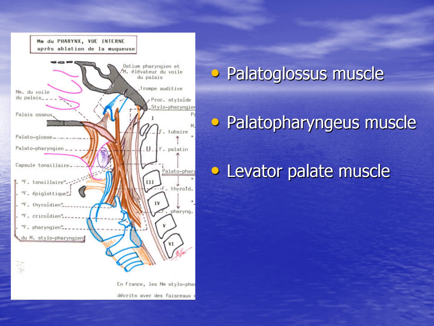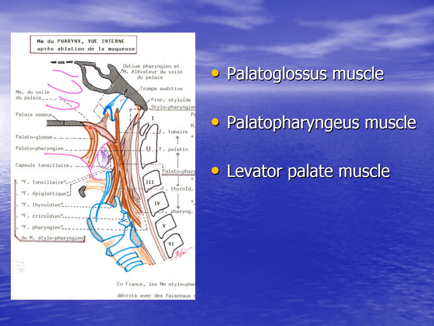This is a revision for what we have seen. This is the hard palate. This is the soft palate. This is the Eustachian tube. This is the muscle coming from the Eustachian tube to the palate. This is called levator palati.